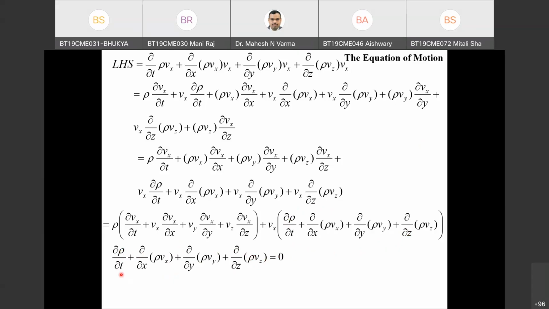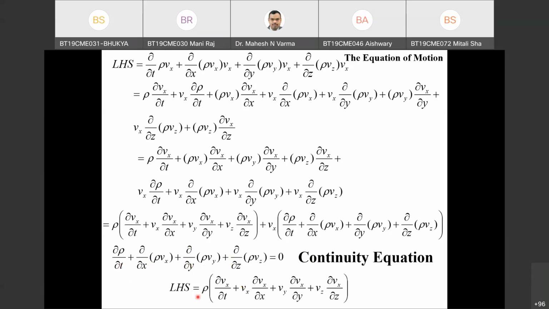This is the continuity equation: dou by dou t of rho plus del dot rho v, which is dou by dou x of rho vx plus dou by dou y of rho vy plus dou by dou z of rho vz, equals 0. This is the continuity equation. Hence, LHS equals rho into dou vx by dou t plus vx dou vx by dou x plus vy dou vx by dou y plus vz dou vx by dou z.